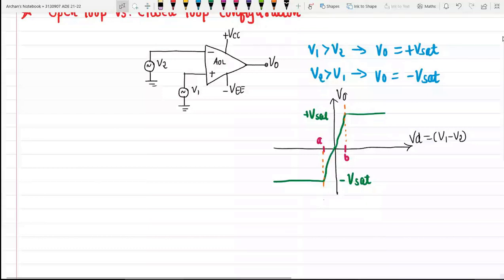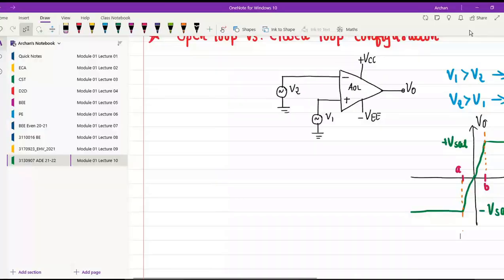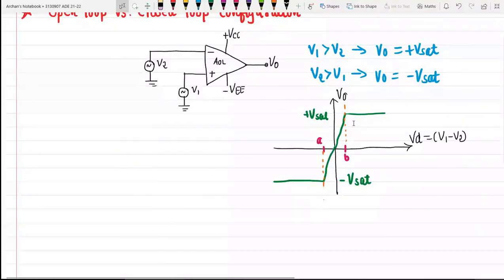From this figure, you can see that only for a small range of input voltage does it behave linearly. Practically, due to the very high open loop gain, the op amp shows either the positive or the negative saturation level. This indicates the inability of the operational amplifier to work as a linear signal amplifier in open loop mode.